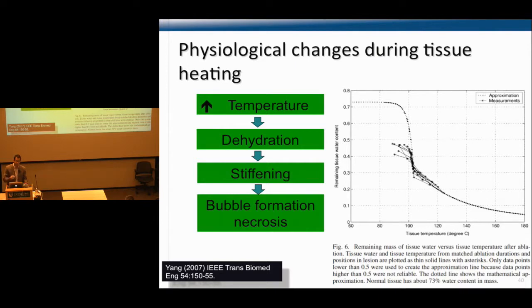Because the tissue is more stiff, the ultrasound sound waves don't propagate as well as in normal tissue, because there's no more water to propagate the ultrasound beams. So our hypothesis is that there's something going on in the imaging that's not necessarily detectable with the human eye. And we wanted to test this on either CT or cone beam CT, to see if there are any changes that could be detectable during the procedure.